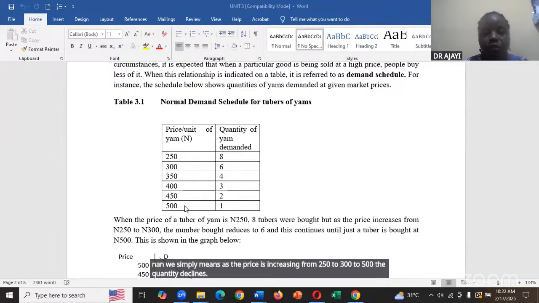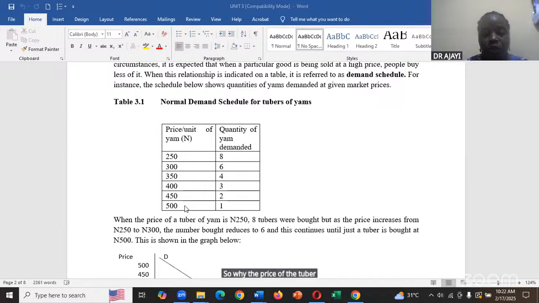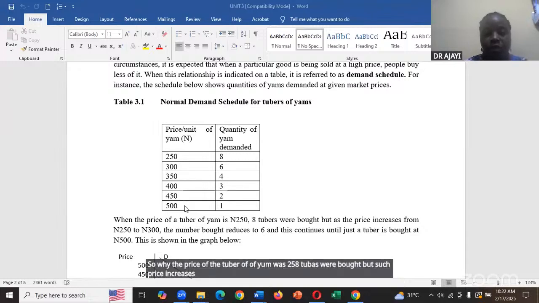So when the price of the tuber of yam was 250, 8 tubers were bought. But as price increases, lesser quantities were bought. And at the highest price of 500, we had only one.